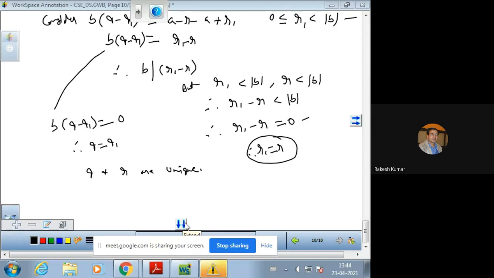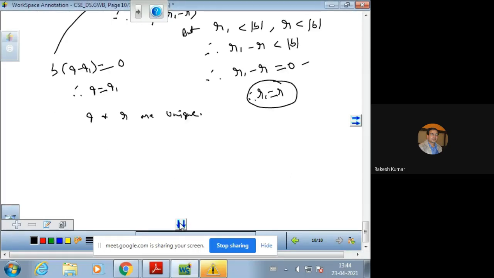Now we have a small thing related to this, that is a prime. We know that a prime is a positive integer p. It is said to be a prime if and only if the positive factors of p are p and 1 itself.